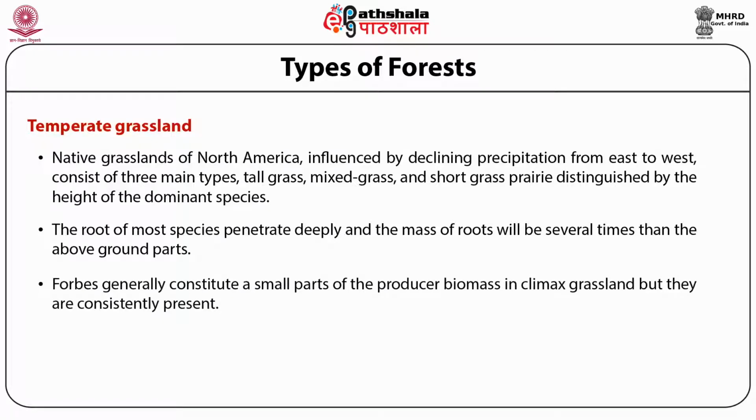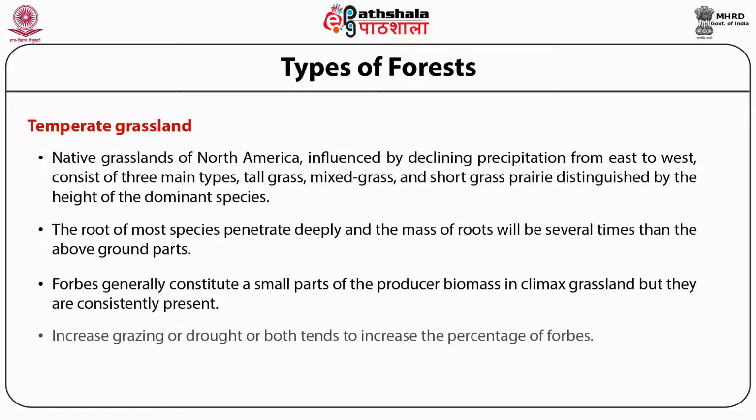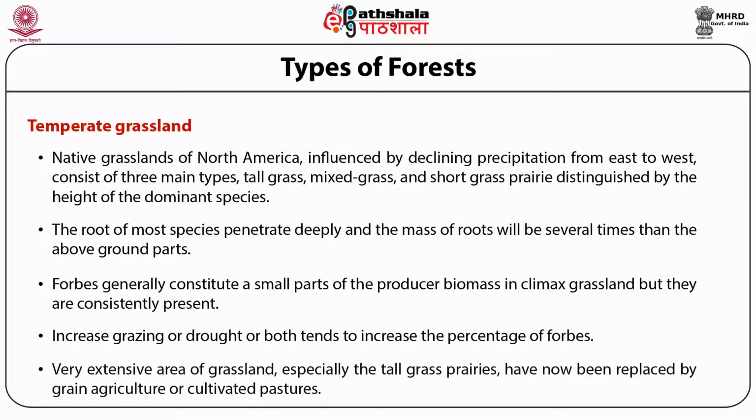Forbs generally constitute a small part of the producer biomass in climax grasslands, but they are consistently present. Increased grazing or drought or both tend to increase the percentage of forbs. Very extensive areas of grassland, especially the tall grass prairies, have now been replaced by grain agriculture or cultivated pastures.